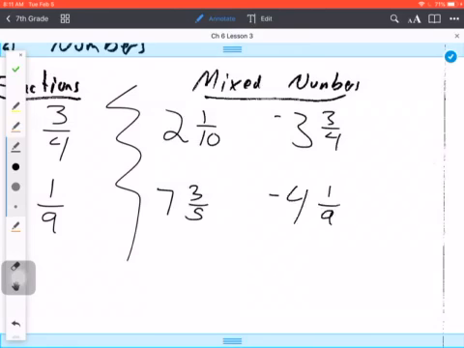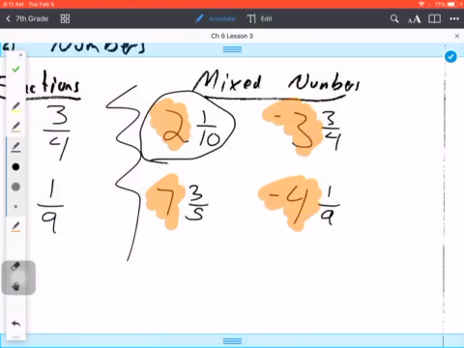So the difference between a mixed number and a fraction is that a mixed number has an integer in front of the fraction, which really means that in this first one we have 2 wholes and 1 out of 10 pieces to make a third whole. In this second one, we have 3 wholes and 3 out of 4 pieces needed for another one.